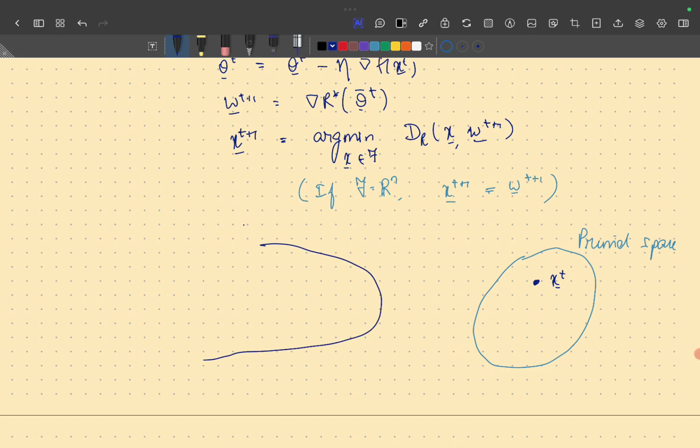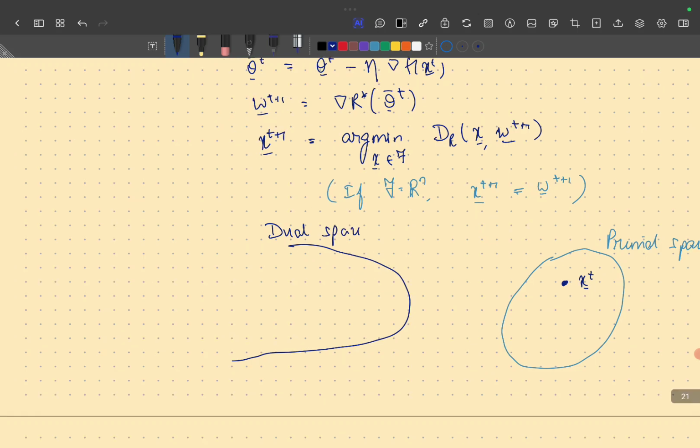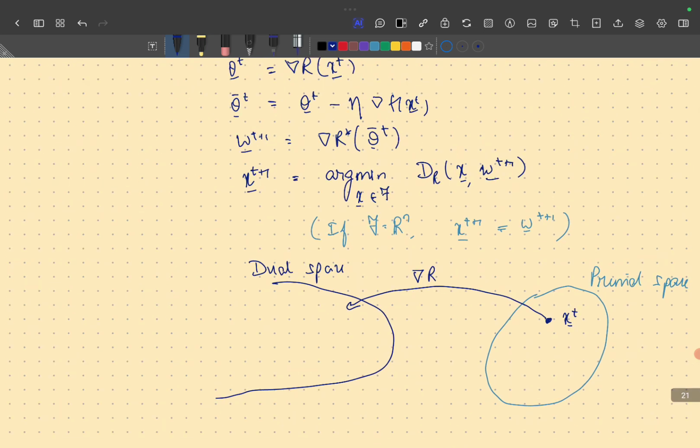There's another space, which is called the dual space, where I map xt using the map gradient R, the derivative of R. This is my theta t.